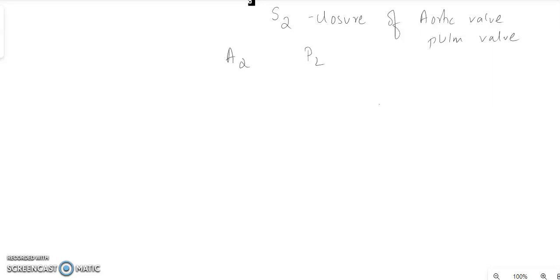Usually the P2 occurs after A2. These are coincident with the incisura of the aortic and pulmonary pressure curve.